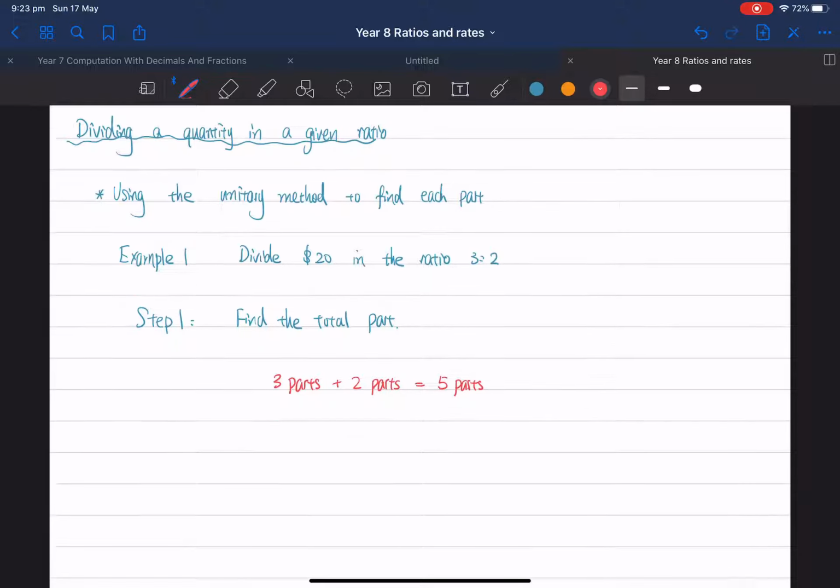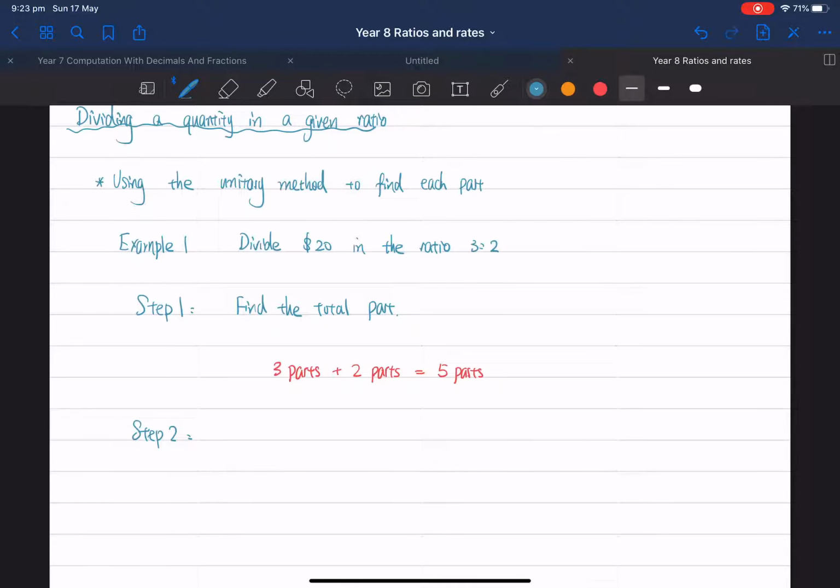And then what we need to do is use the unitary method. So we're going to find out, if we split $20 into 5 equal parts, what is each part equivalent to? We divide the quantity by the total parts.